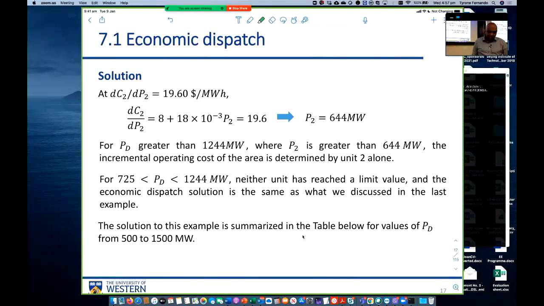For anything where P2 is greater than 644, the incremental cost of the area is determined by unit 2 alone. So if PD is greater than 1,244, then P2 will determine the incremental cost because P1 has already reached its limit, right?